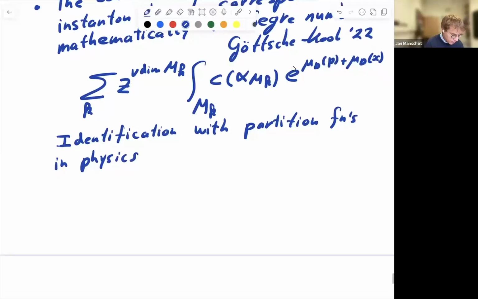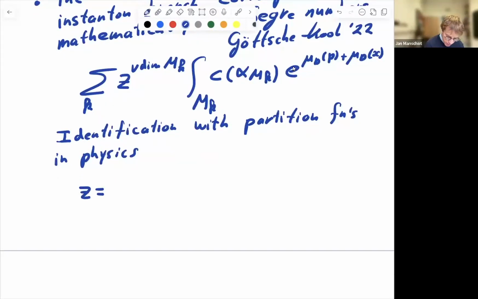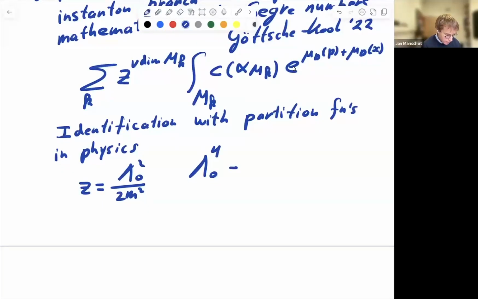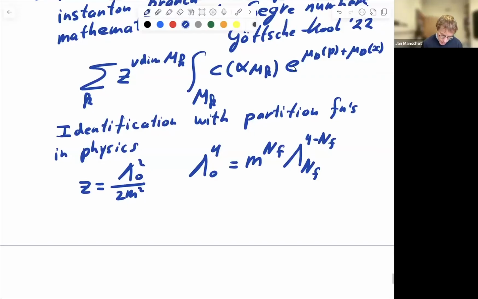Then we come to the following, namely that z is equal to lambda_0 squared over 2 m squared, where the scale of the N_f equals 0 theory is related to lambda_{N_f} as follows, to the power 4 minus N_f. And the mass here is the equal mass case, so m is equal to m_j for all j.